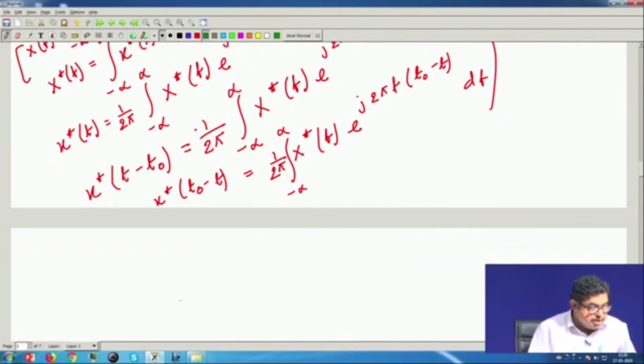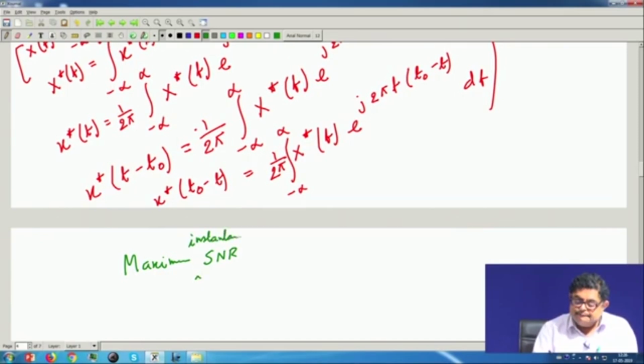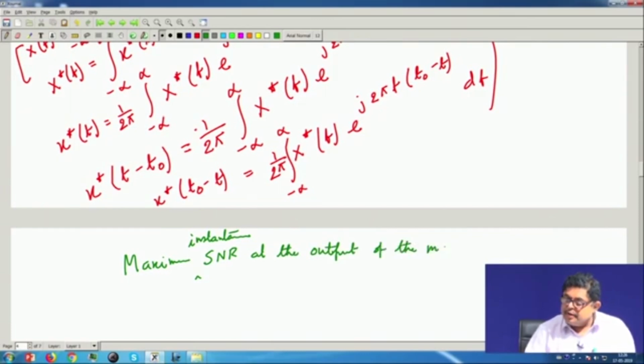So, I can write that maximum instantaneous SNR at the output of the match filter.